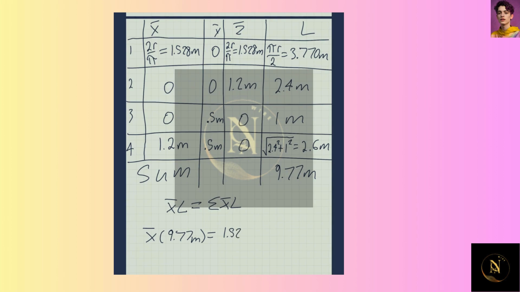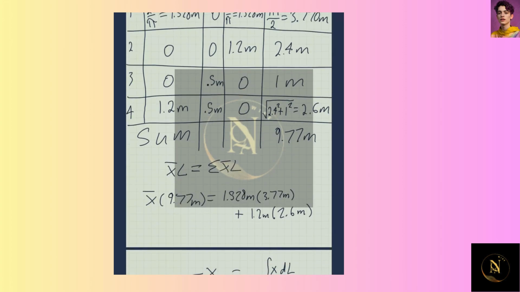So we put in the total length on the left side of the wire, set equal to the centroid of each component times its length. We can solve for the centroid in the x direction, which is also the center of gravity in the x direction.